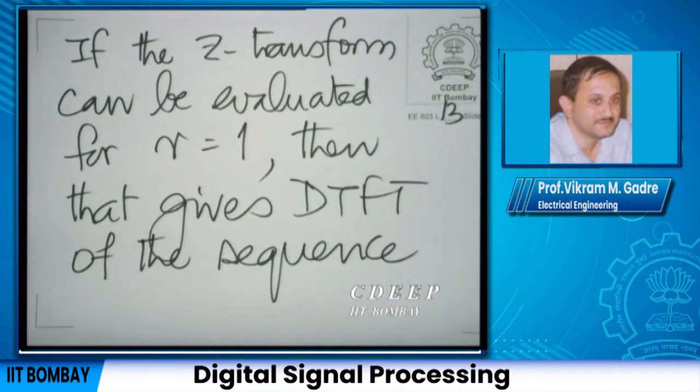So, the z transform for r equal to 1 is the DTFT, if that can be evaluated. It may not be possible to evaluate it, it may not converge. Let us take an example.